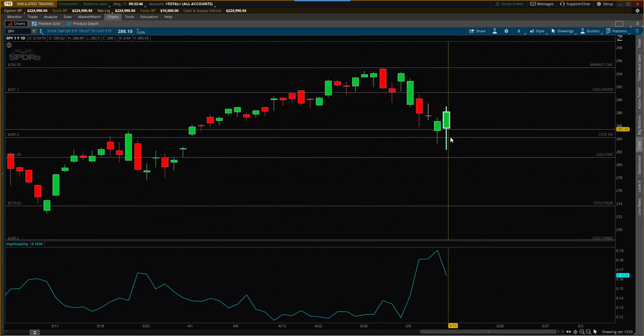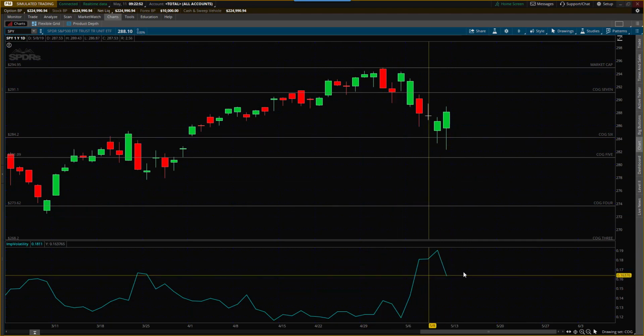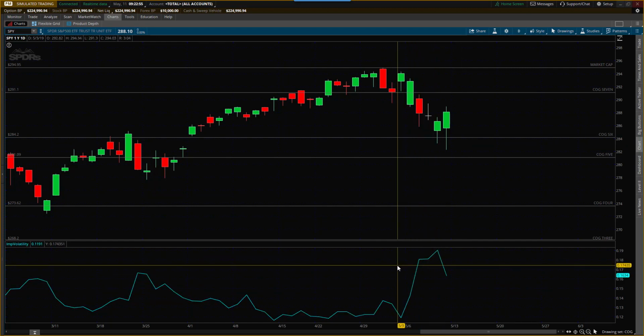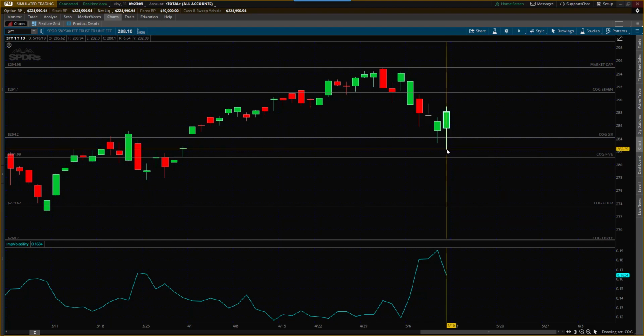So with this uncertainty in the marketplace, we've had a very nice spike in volatility, and the resolution for the tariffs has not been finalized. So there's really not an answer yet of what is going to happen to our marketplace. What we do know is that with the increased volatility comes increased movement.